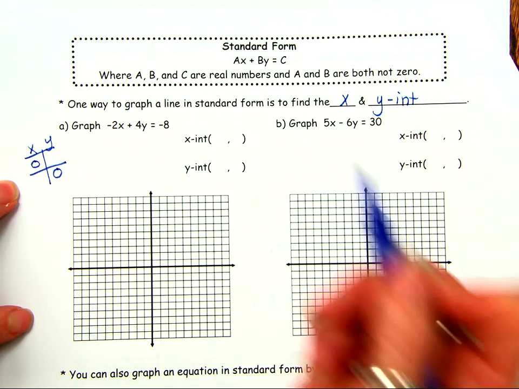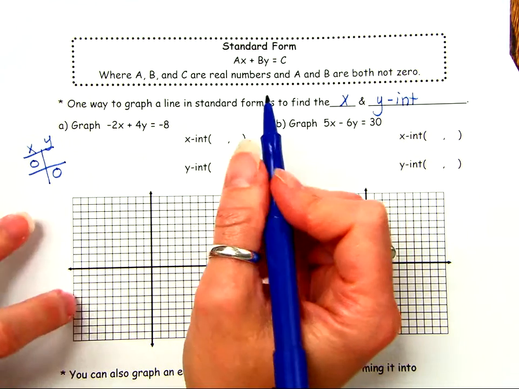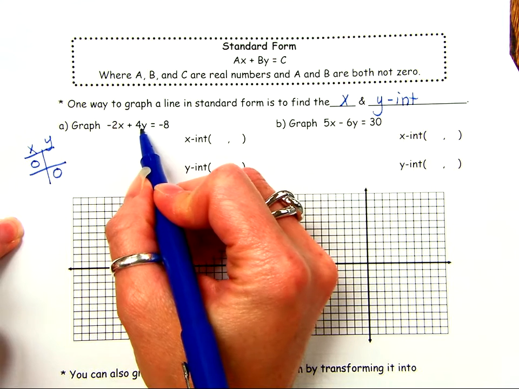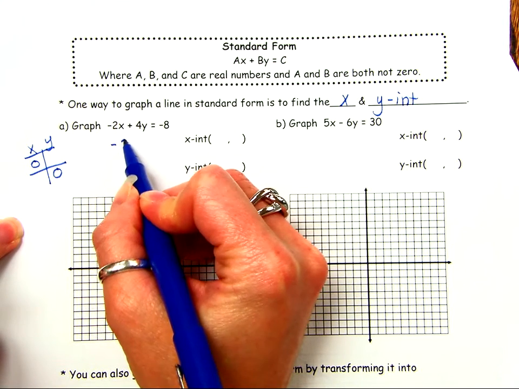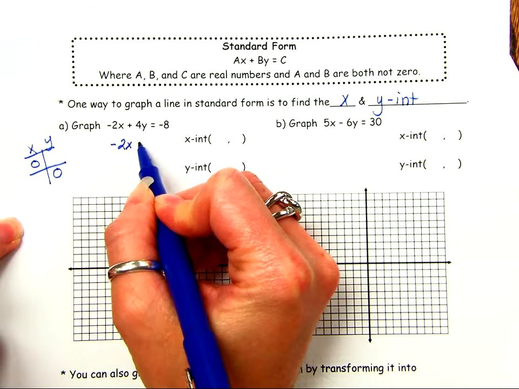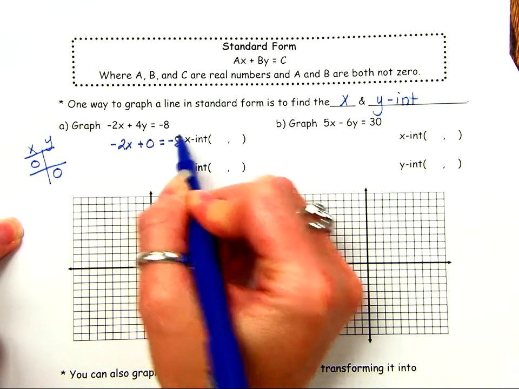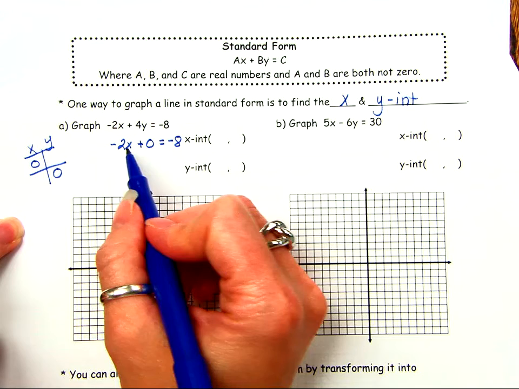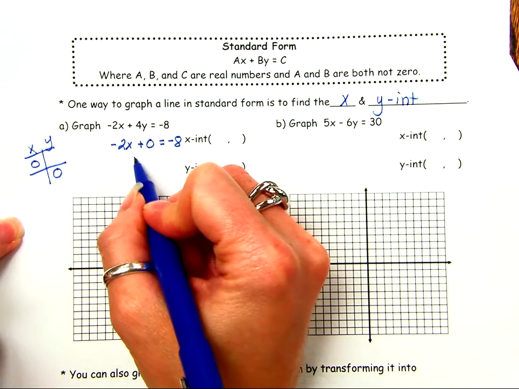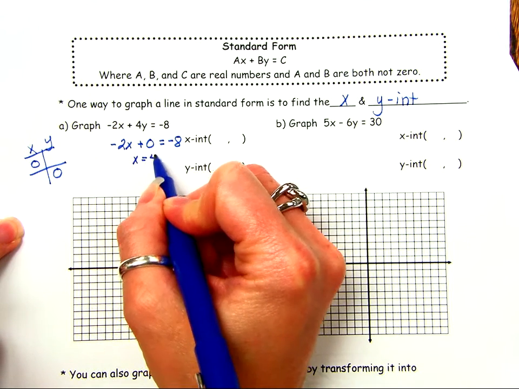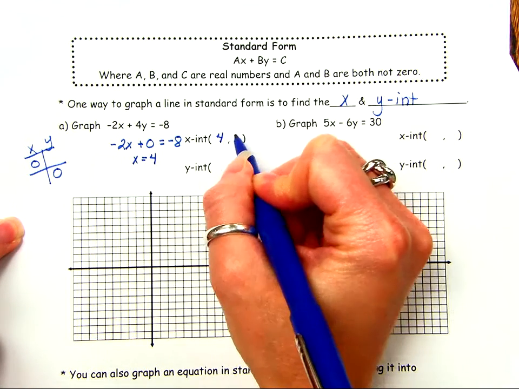My x-intercept is really when my y-coordinate would be a 0, so I'm going to substitute that in. It makes it pretty easy to solve because 4 times 0 is just going to be 0. And I'm going to think about dividing by negative 2, and we would find that x is 4. So my x-intercept would have to be the point (4, 0).